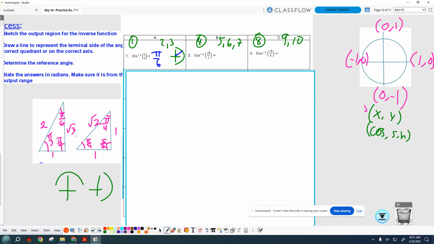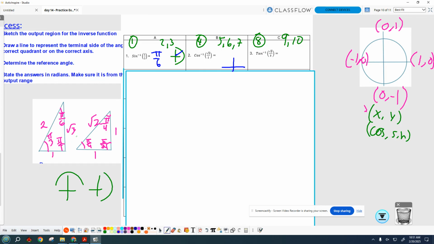So, group 4, you guys are supposed to be putting yours up there. 5, 6, and 7, I wanted to see the work, like a little bit of a picture. So Ivan, what's the picture for cosine inverse? What do you guys have? Cosine.